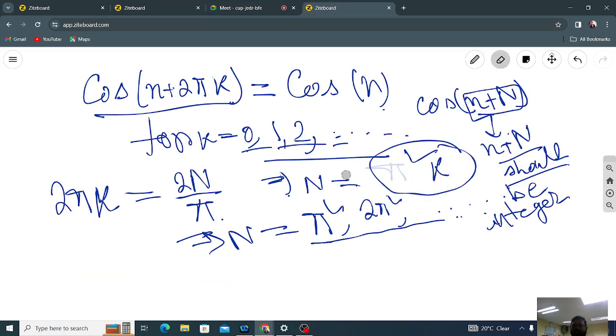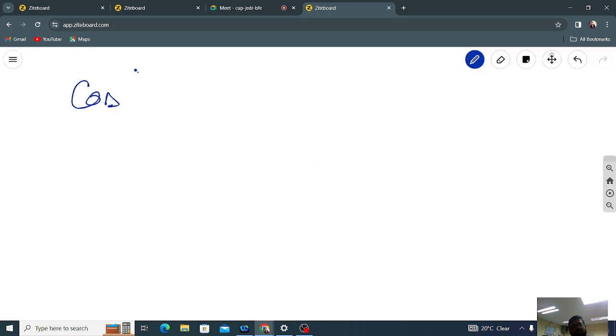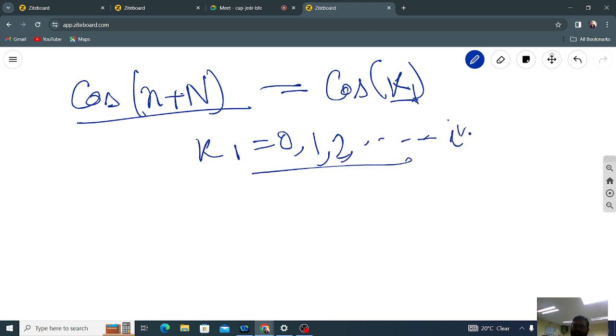Okay, so cos of n plus n should be cos of k, and this k1 can take all the discrete values, any integer value, but not pi square values, but n is equal to pi square.